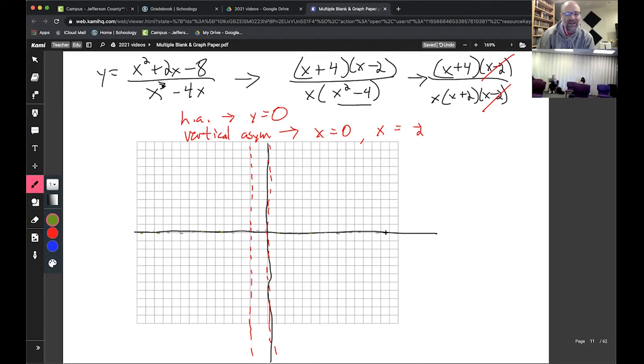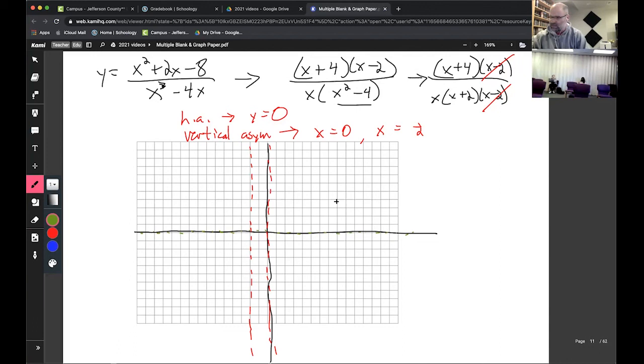Okay, so now it's like, all right, how do we graph this? So you can figure out some x-intercepts and y-intercepts, but if there's a horizontal asymptote at y equals 0, then the x-intercept is going to be tricky.